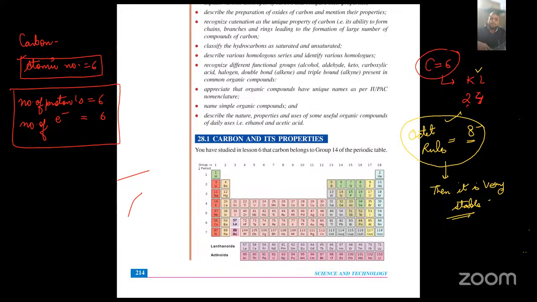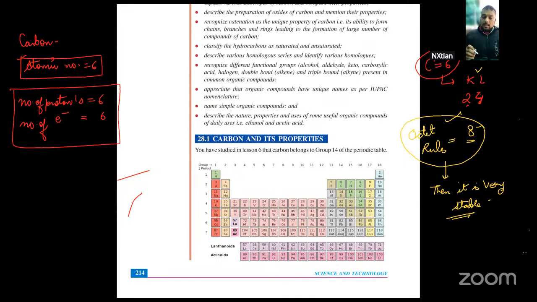So now in the case of carbon, just give me one second. Okay.